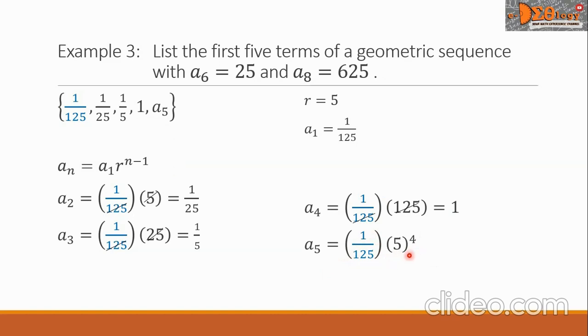Simplifying, this 5 raised to 4 is 625. Then we can cancel this 625 and the 125 here. That will give us 5. And this 5 we will substitute in here. So we are now complete with our first 5 terms of the required geometric sequence. This is our final answer.